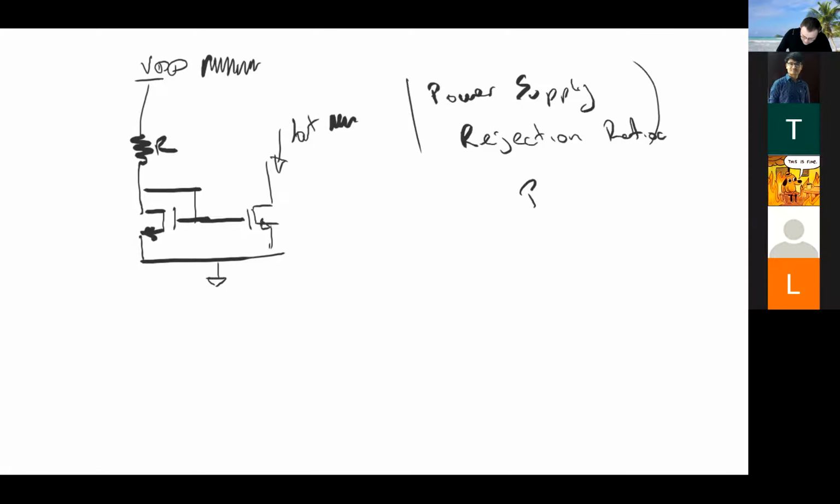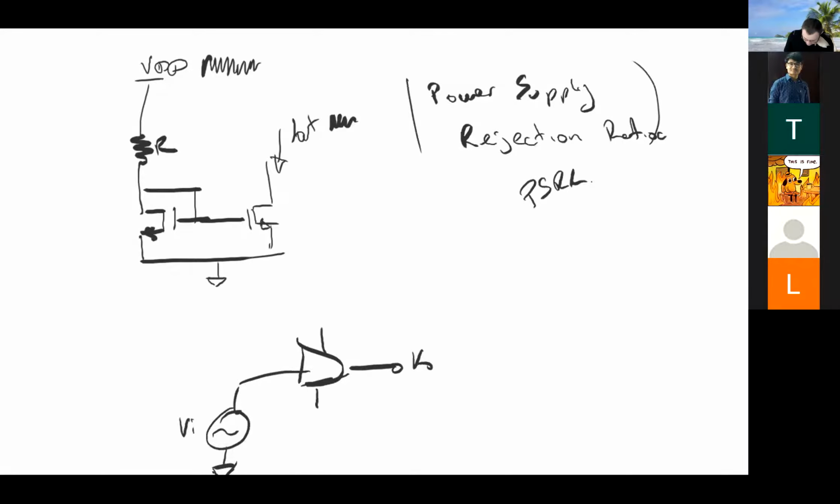And so this PSRR essentially quantifies how much perturbation in the output we get for perturbation on the power supply. Oftentimes when we're thinking about amplifiers in particular, we are applying a small signal input and measuring the small signal output response.